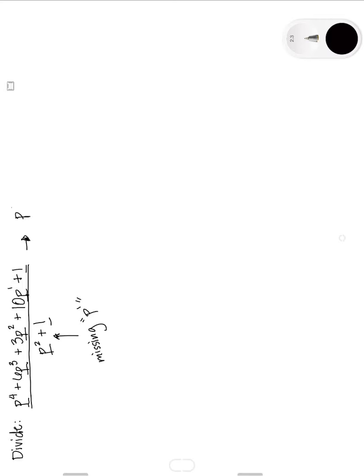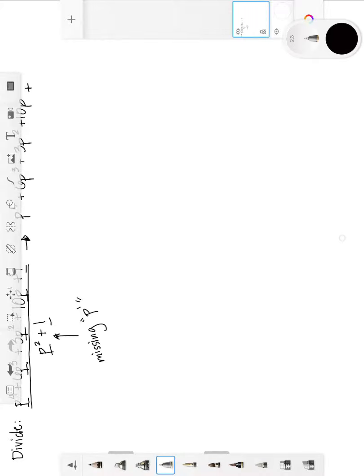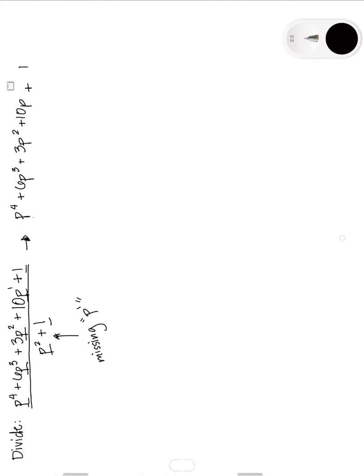So this is going to be p to the 4th plus 6p to the 3rd plus 3p squared plus 10p plus 1 over p squared plus 0p plus 1.